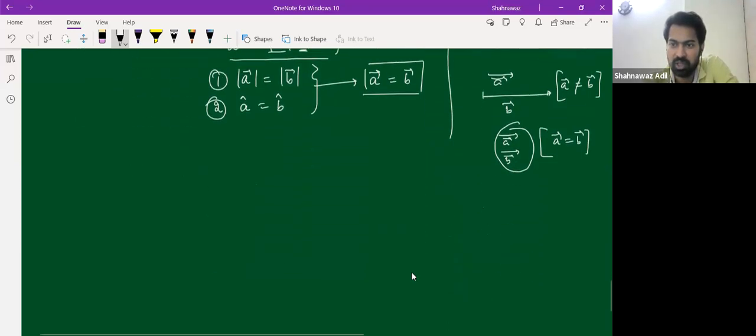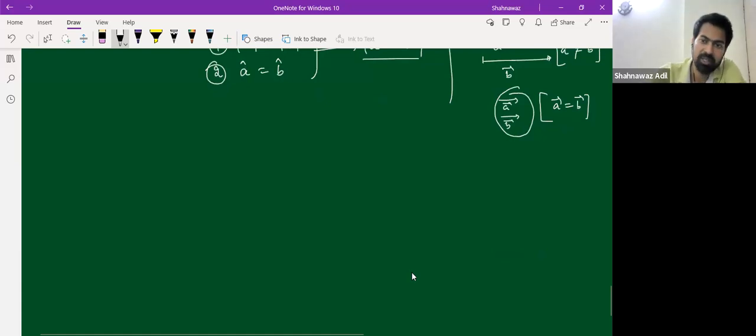Done. Okay, so the next type is the opposite vectors, or rather the negative vectors, not the opposite but the negative vectors.